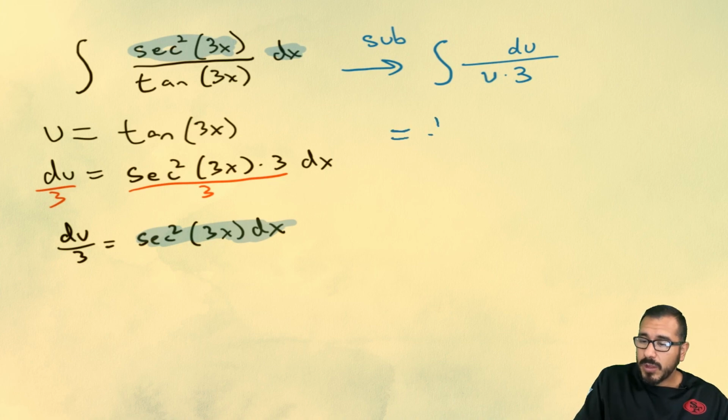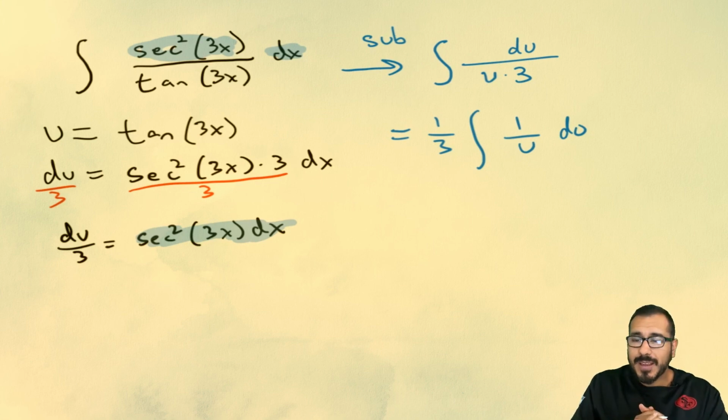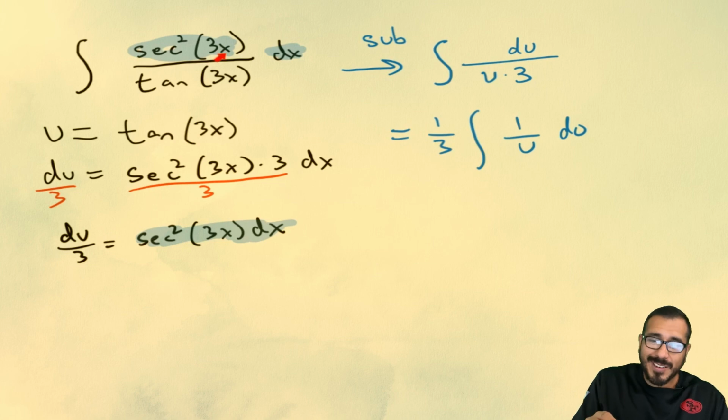So we're left with 1/3 times the antiderivative of 1 over u times du. And what's great is we know the antiderivative of 1 over u, which is much, much easier than all this over here. So really, really good news.